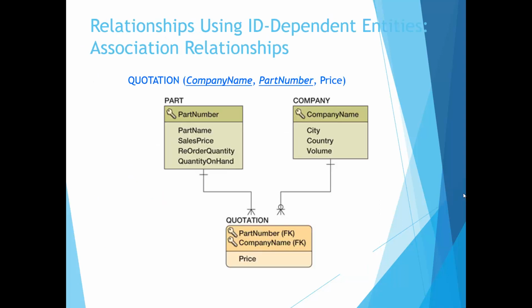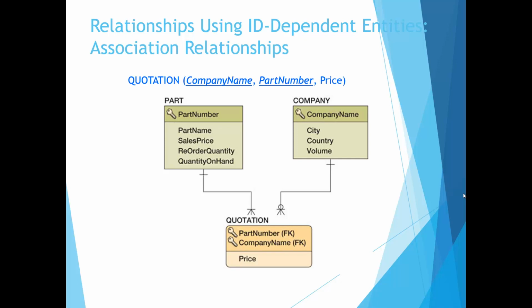To create a quote, we can add an association table that will have the primary keys of the two entities. So we have, as a composite primary key, the part number and the company name. Those are the primary key. The combination of them is the primary key.